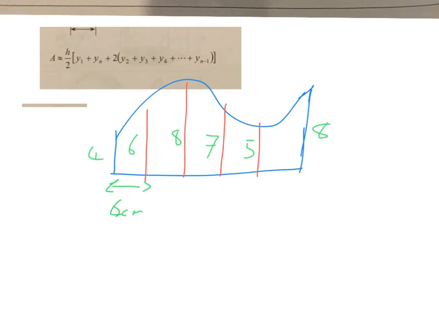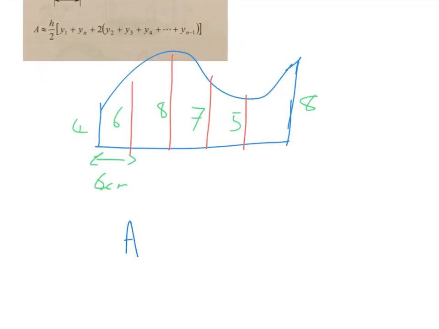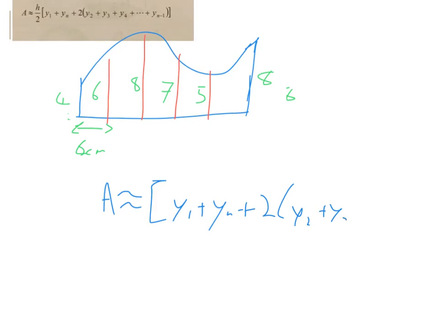So we're going to try and fill all this into the formula. So we'll just write it out again. First of all, area, remember the squiggly brackets mean, is approximately equal to y1 plus yn, which is the first height and the last height, plus 2 times y2, y3, and so on to the second last one.